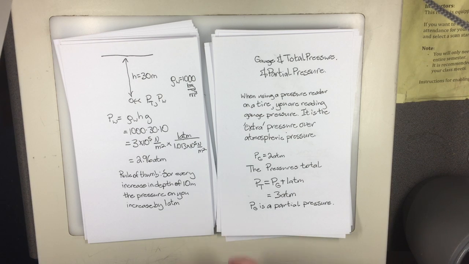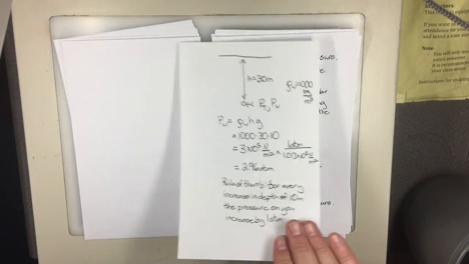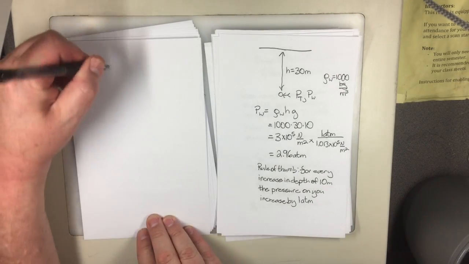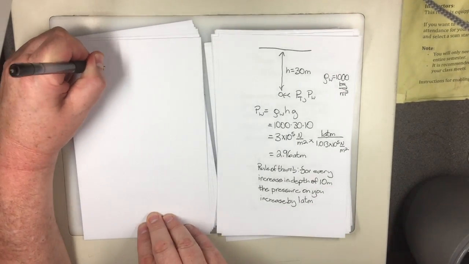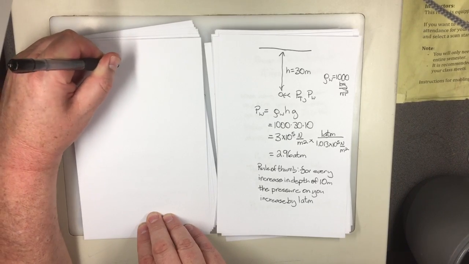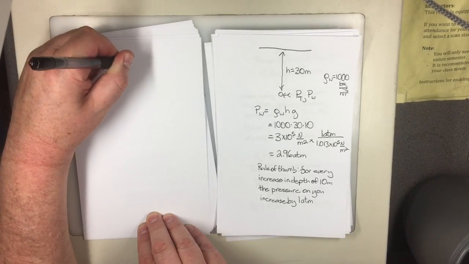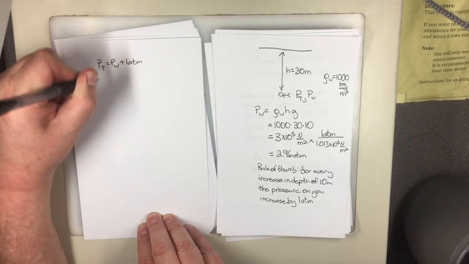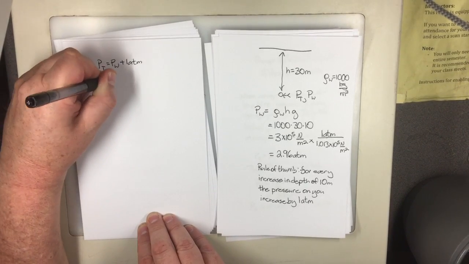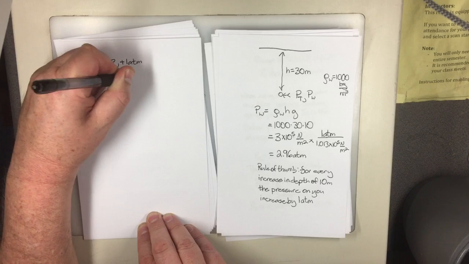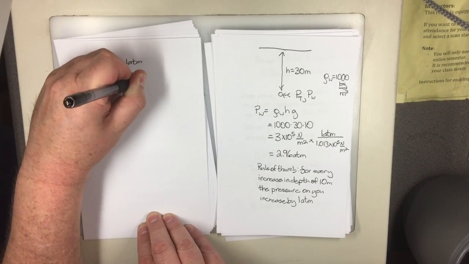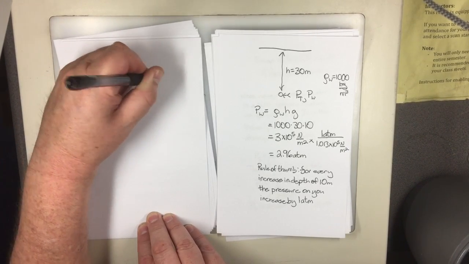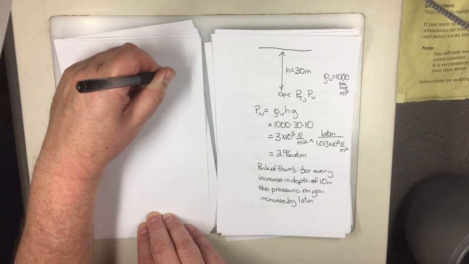So now the question comes to, well, what's the total pressure? The total pressure is the pressure of water plus 1 atmosphere. So 30-meter depth, total pressure is 3 plus 1, or 4.